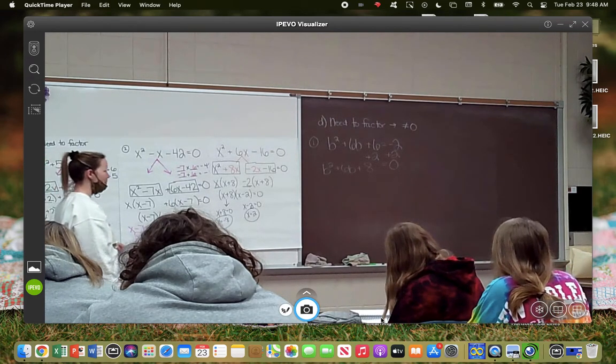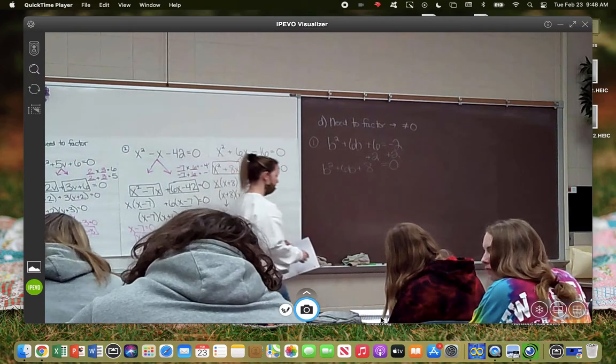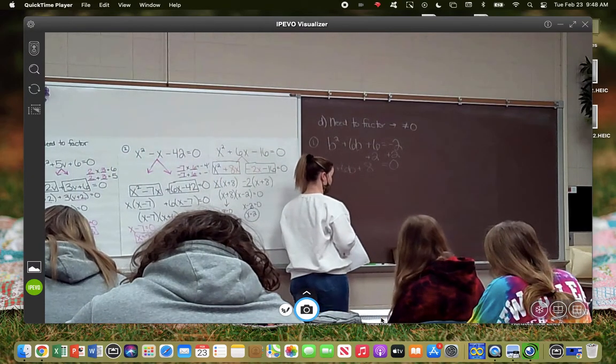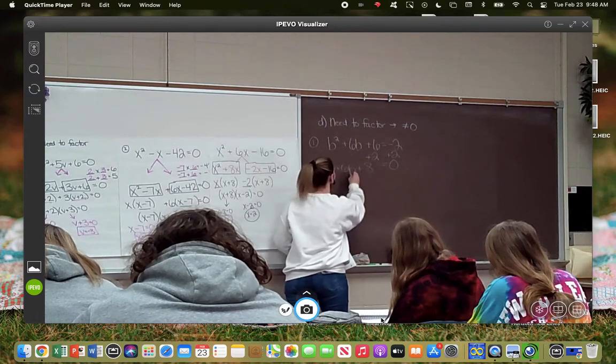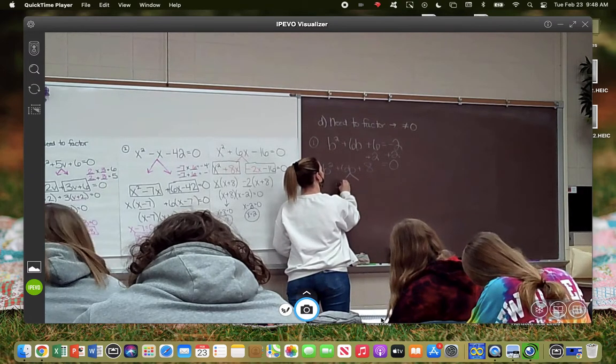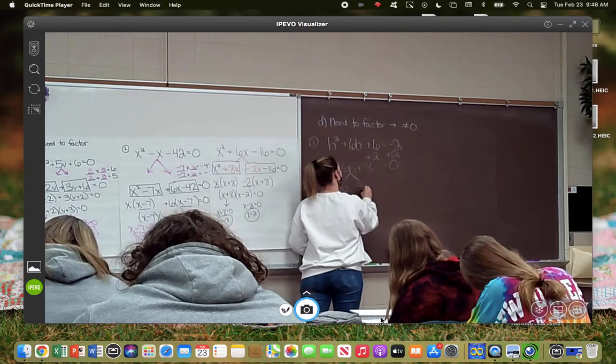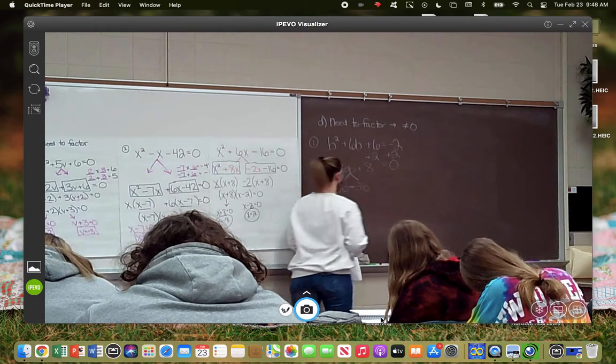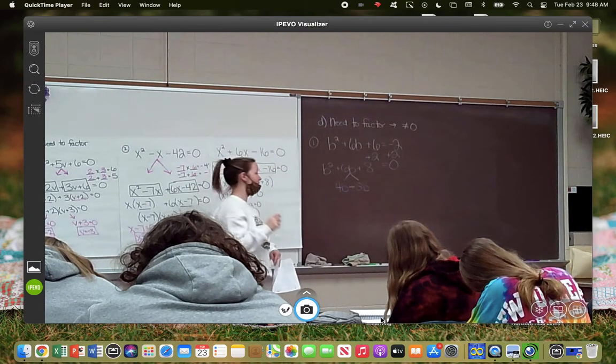So what multiplies to 8 and adds to 6? 4 and 2. So that's what we're going to split up. So 4b plus 2b would give me 6, but it would still multiply to the 8.